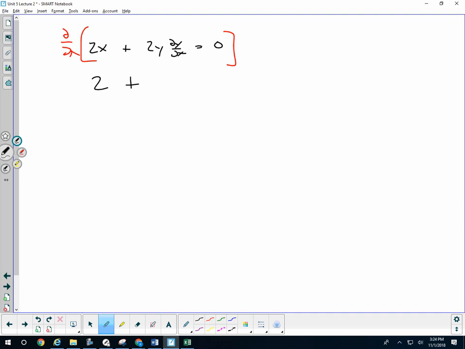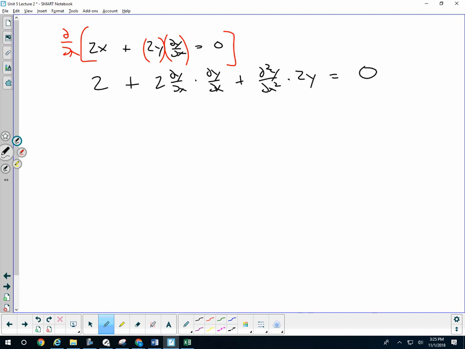Guess what I'd have to use? Product rule. I'm going to use the product rule, thinking of 2y and dy/dx. So I'd get the derivative of 2y, which is 2 dy/dx, times dy/dx, plus the derivative of dy/dx, d squared y over dx squared, times 2y. That's equal to the derivative of 0, which is 0.